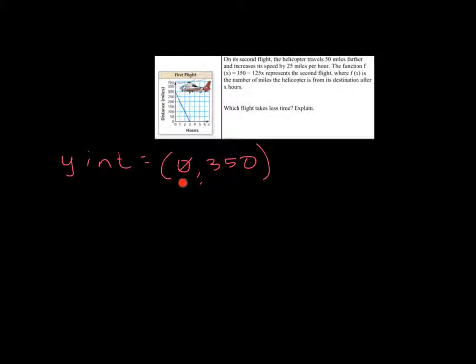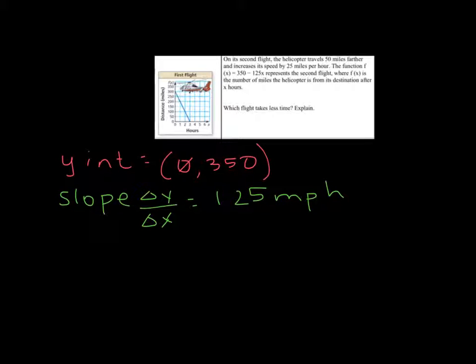Okay, so I know when I start, I'm 350 miles away from my destination during my second flight. Then the next piece of information that they changed, so remember back on our first one, we found that the speed, the rate of change on my graph in that scenario, was 100 miles per hour. Well, notice here I'm going 25 miles per hour faster, and look at my slope. Look at m in my equation. Now, my slope, or my rate of change, remember that's change in y over change in x, is equal to 125 miles per hour. Okay?